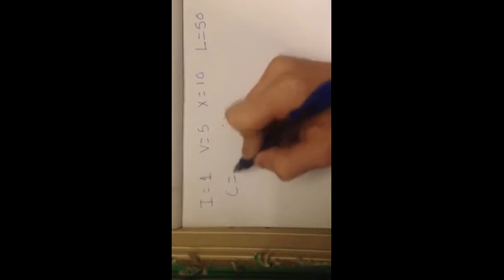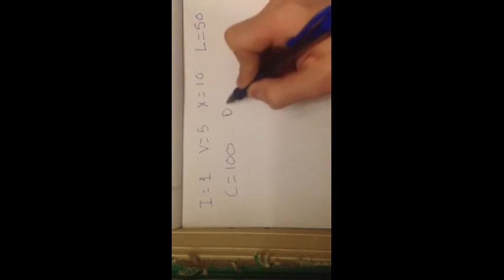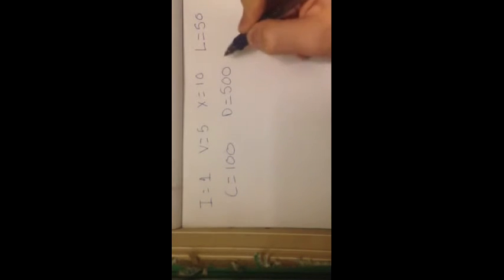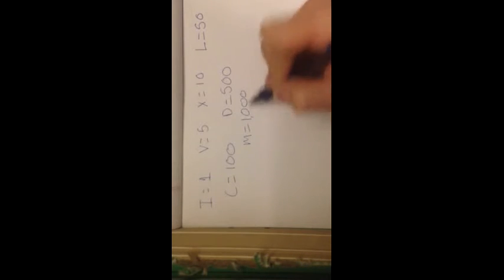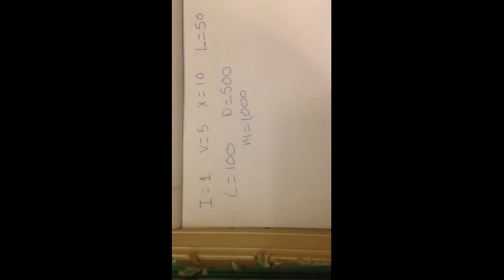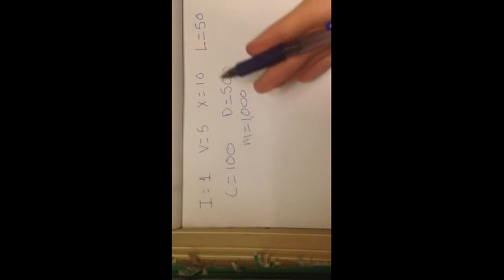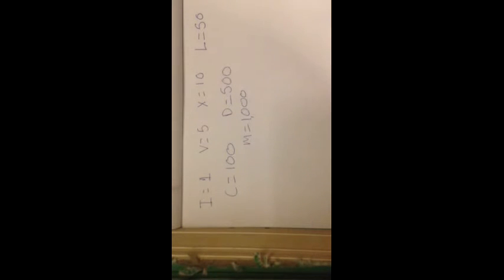A C to represent 100. D is 500. And then we have M equaling 1,000.